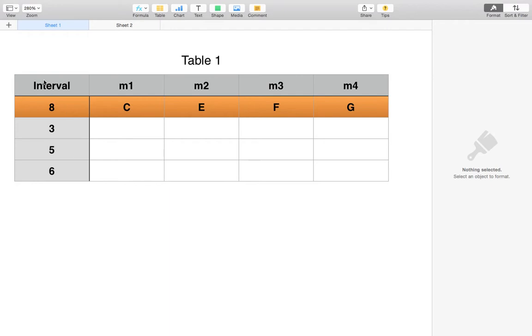and I'm going to set it up for this kind of homework. A 5x5 table will work. So across the top row: interval, measure 1, measure 2, measure 3, measure 4, however many measures you need. For these, they're 4 measure examples. Then the first column is going to be the consonant intervals.